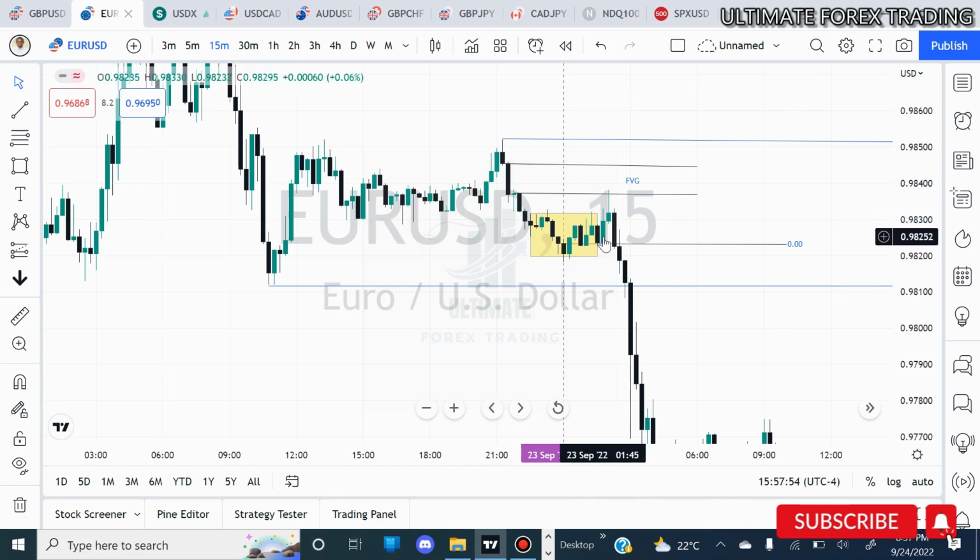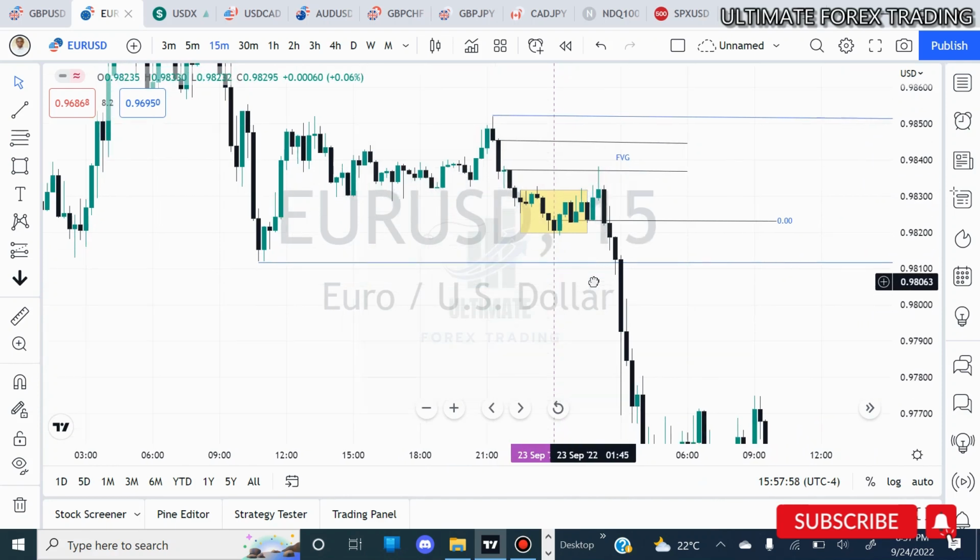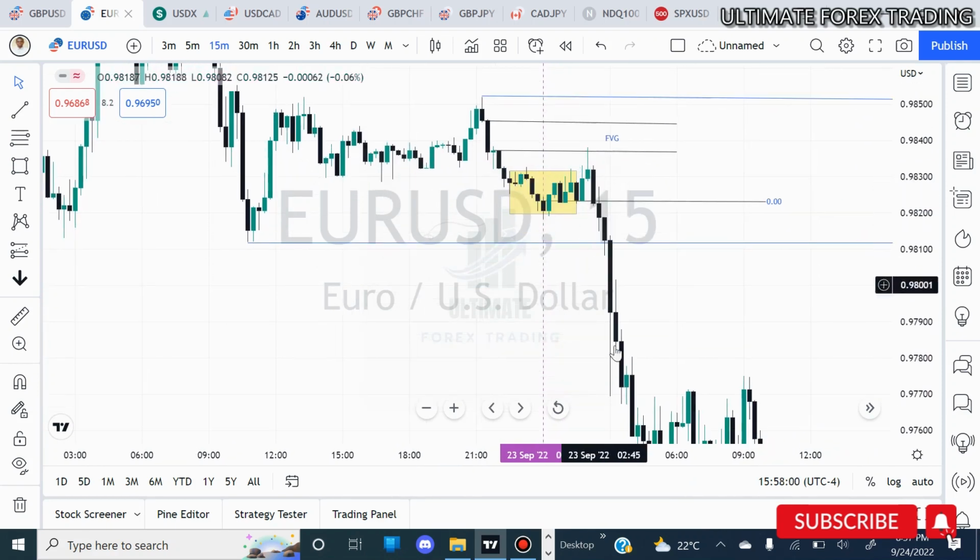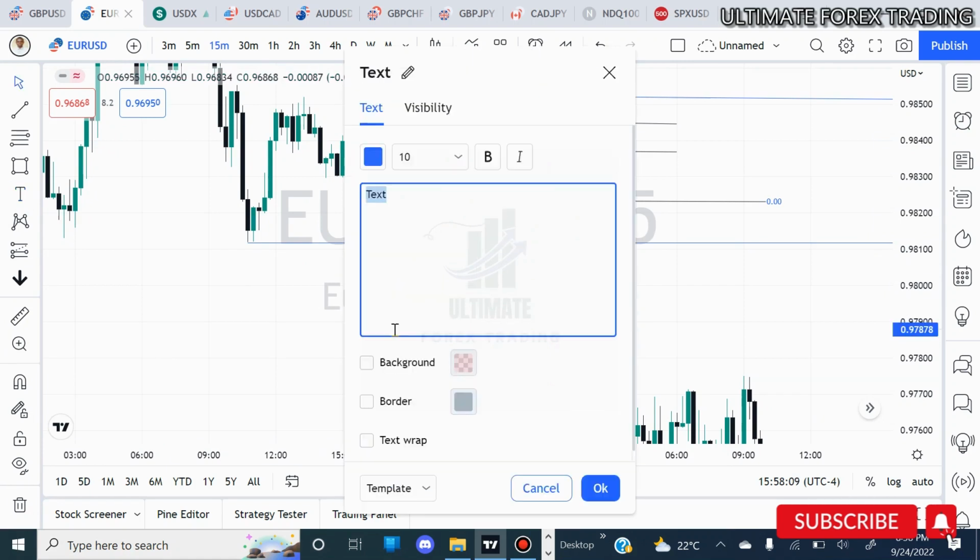We have manipulation into the fair value gap, and then a nice displacement. So this is what is regarded as 3 concepts. Tree concept.